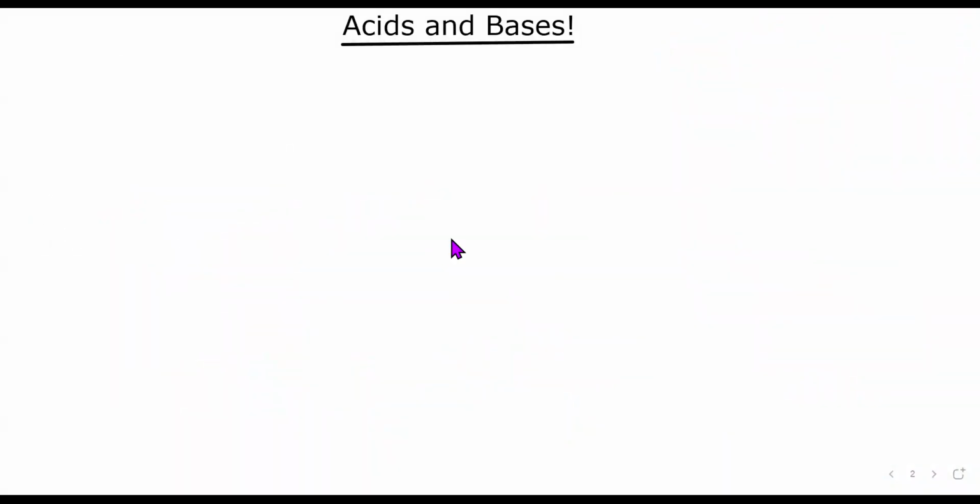Because the ratio is not 1:1. It's not the same as the sodium hydroxide and the acid. The ratio between this metal carbonate and the acid is actually 1:2.